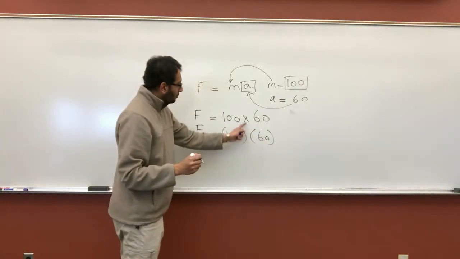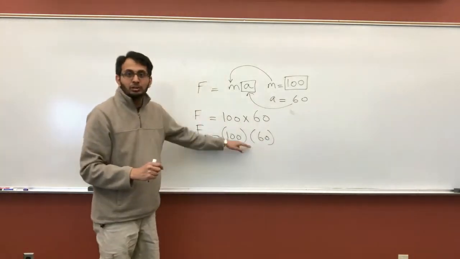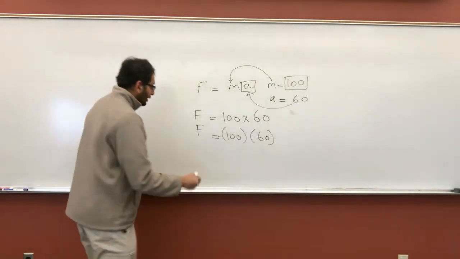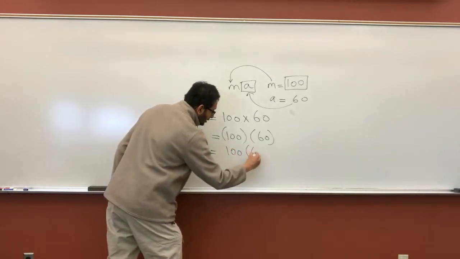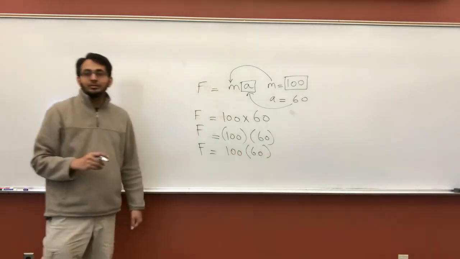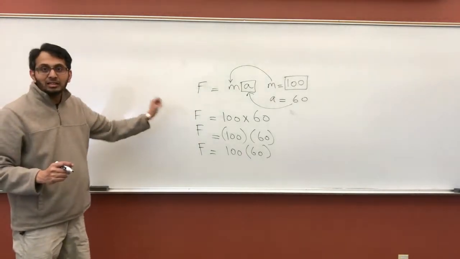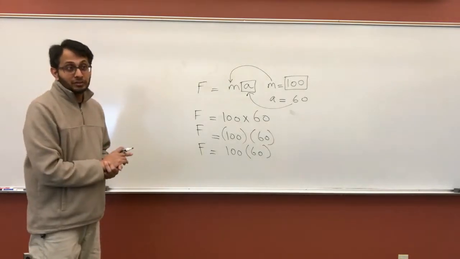Now whenever you drop the multiplication sign and you put values in parentheses, the multiplication is implied. Some people may write the same equation like this. Force equals 100 times 60. In all three cases, it means exactly the same thing. There is no difference. The answer will be the same.